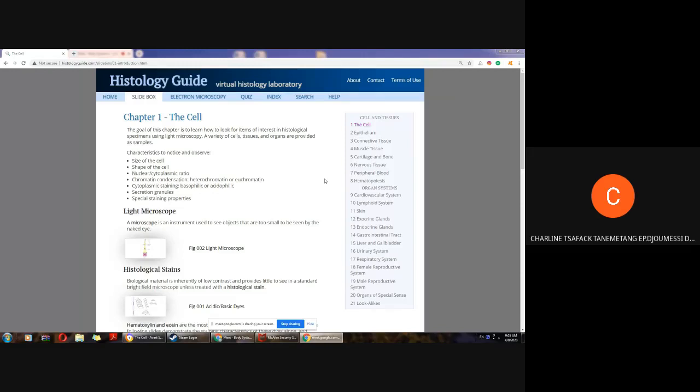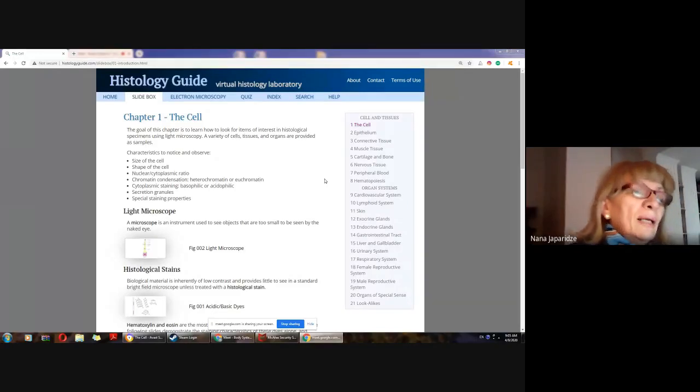Also, very important is the staining color of the cell and its type. For example, cells might be stained basophilically or acidophilically. It depends first of all on what type of stains are used, and also which part of the cell is well stained, the nucleus or the cytoplasm.